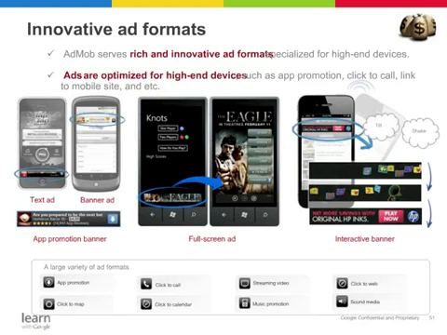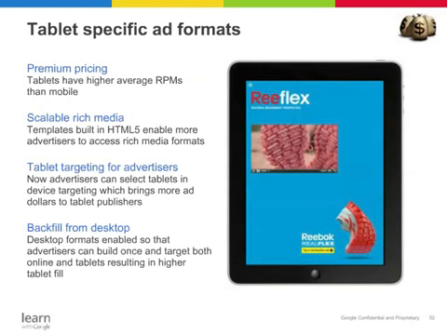This is very beneficial for you as a publisher because advertisers are willing to pay more for these ads, which means that you will earn higher CPCs in the end. We also support 3 full-size ad units on iOS and Android tablets. These are the 728 by 90 leaderboard, the 300 by 250 rectangle, and the 468 by 60 banner.